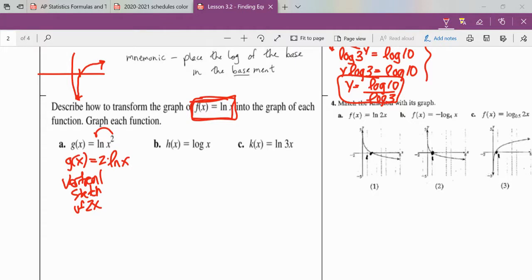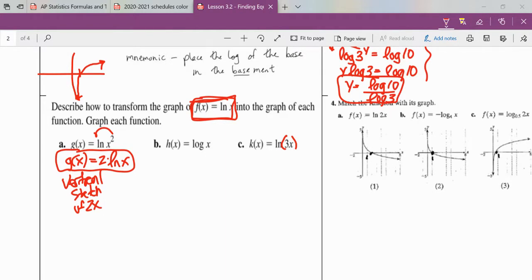I'm going to skip over B for a second and go to C because I think it flows a little better here. This one is a little bit different. The previous one had the number out front, so it's a vertical stretch. This number is inside with the x. So remember, when it's inside with the x value, we have to think opposite.